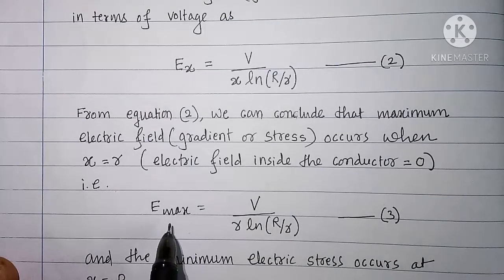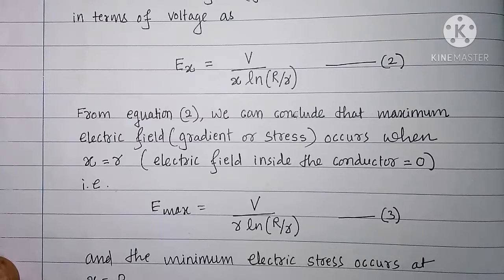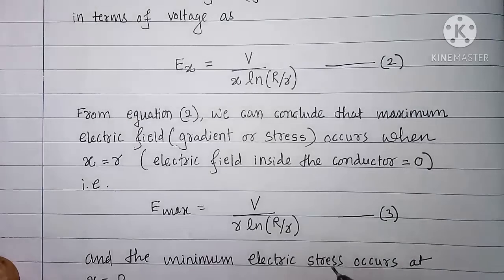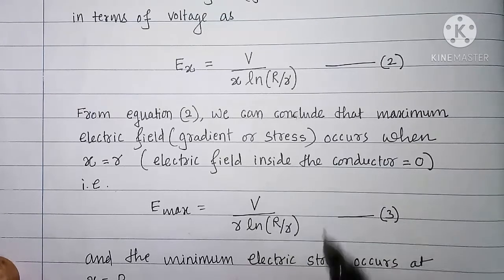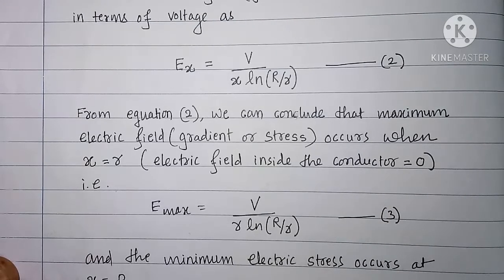To find that minimum value of Emax, we have to differentiate Emax with respect to small r, and equate it to 0. Now let us do that.